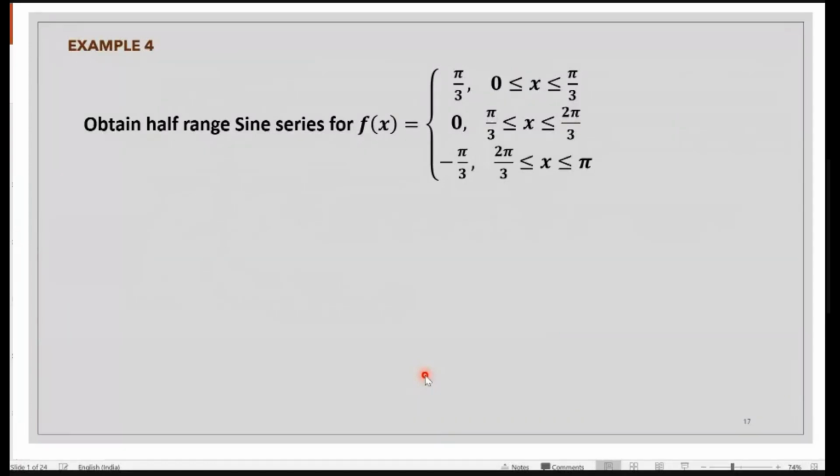So the function is defined in 0 to pi. The interval is 0 to pi, so we write the half range sine series for 0 to pi.